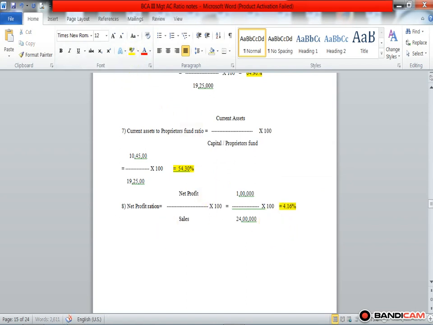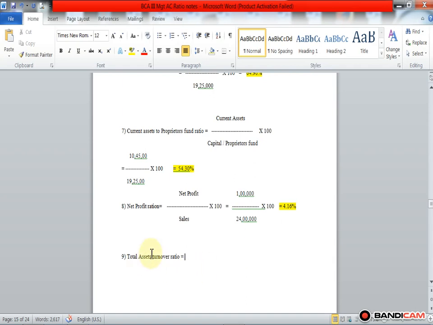Now we calculate the ninth ratio, which is known as the total assets turnover ratio. So how to make the formula? Find the relationship.